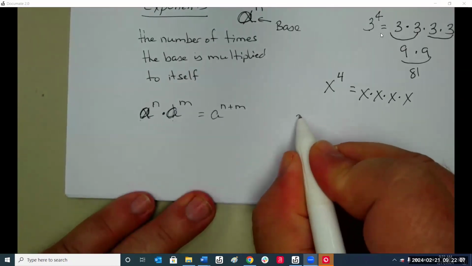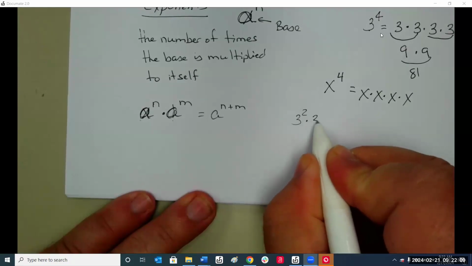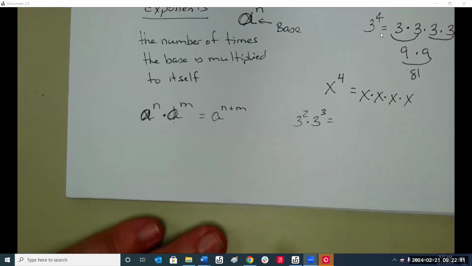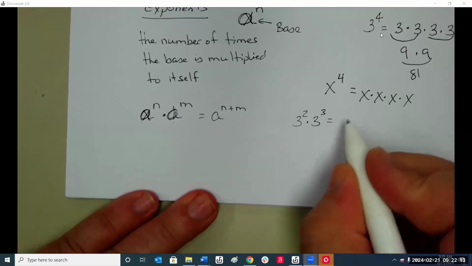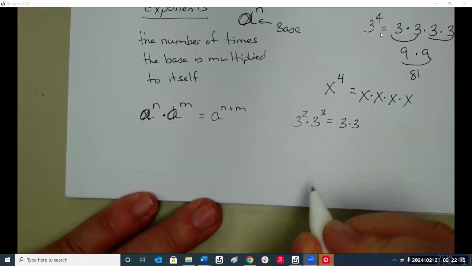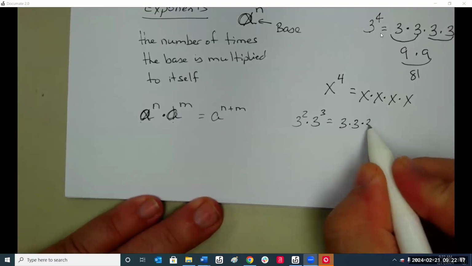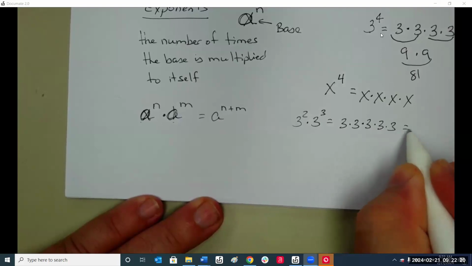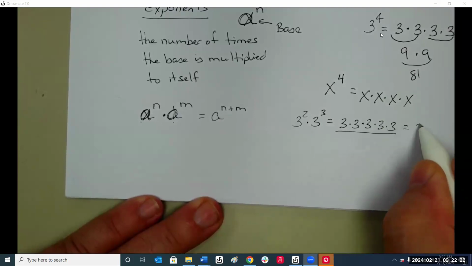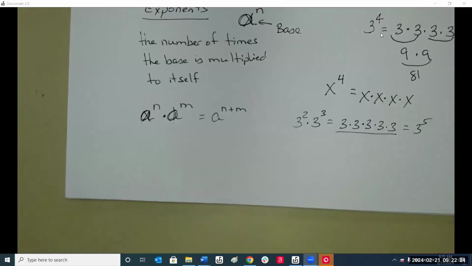Let's think about it. If we had 3 squared times 3 to the third, this one means 3 times 3. This one means 3 times 3 times 3. We have the same base and it occurs 5 times. So it makes it much easier just to add the exponents.